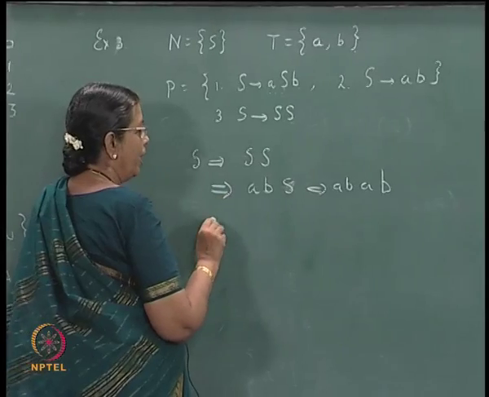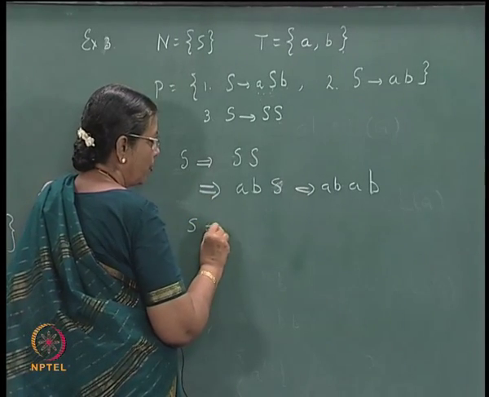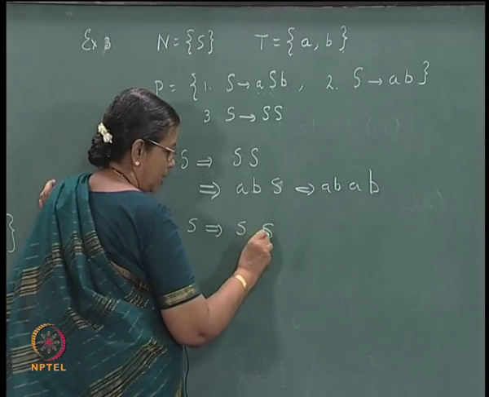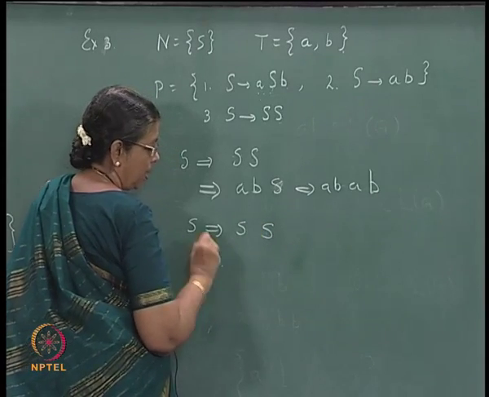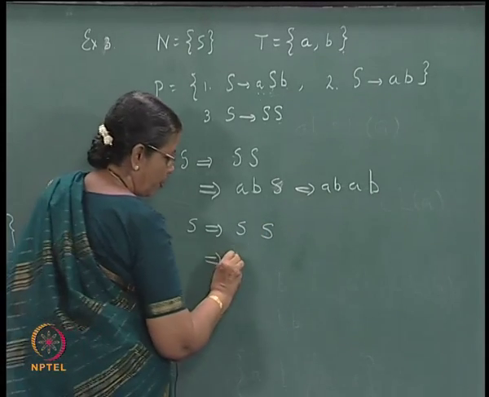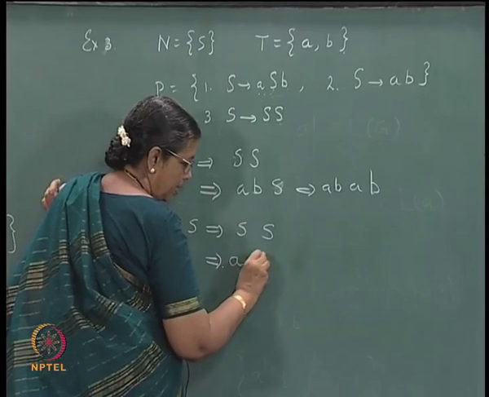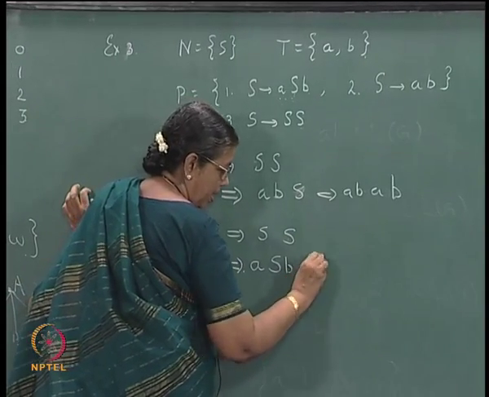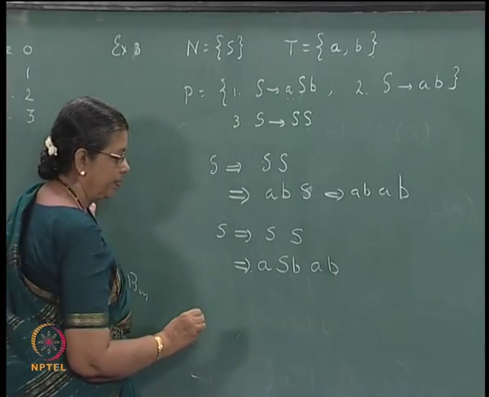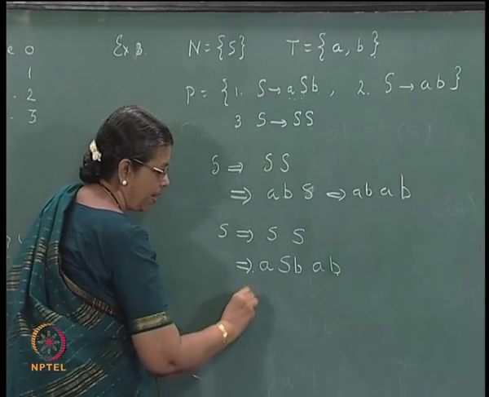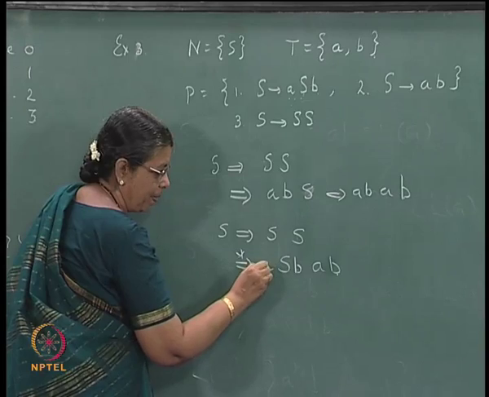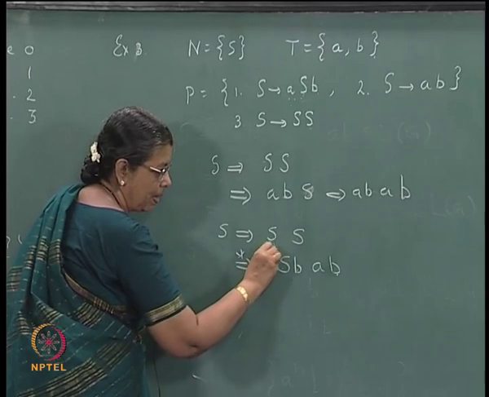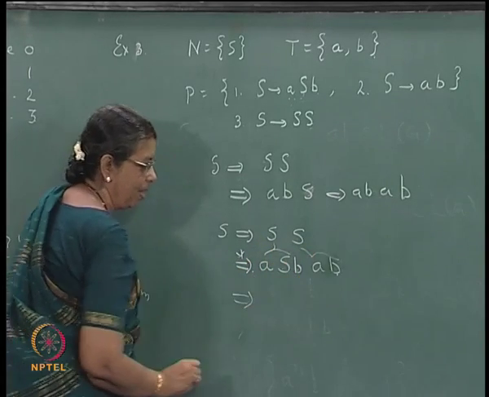More than that, you can derive something like this. S goes to SS, this S is replaced by ASB, this is replaced by AB.